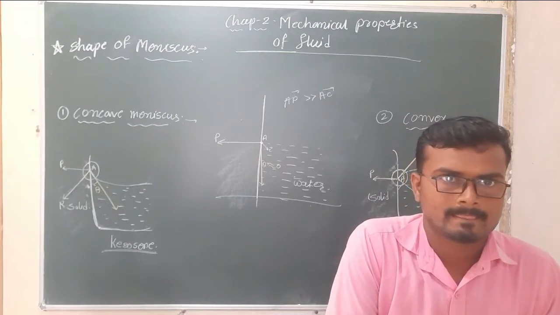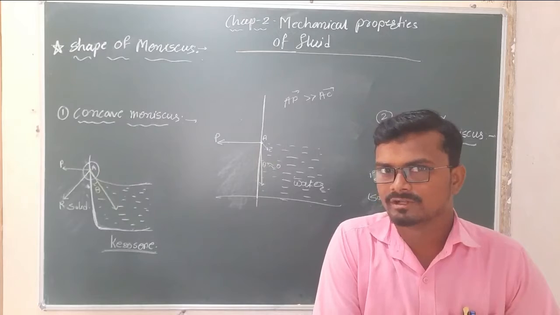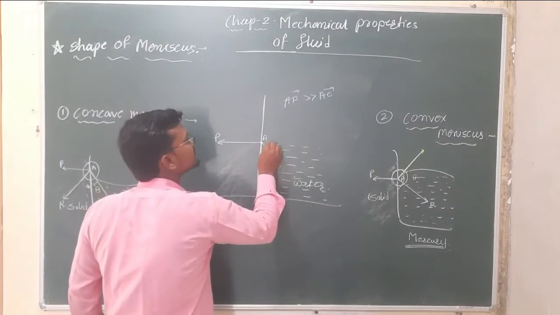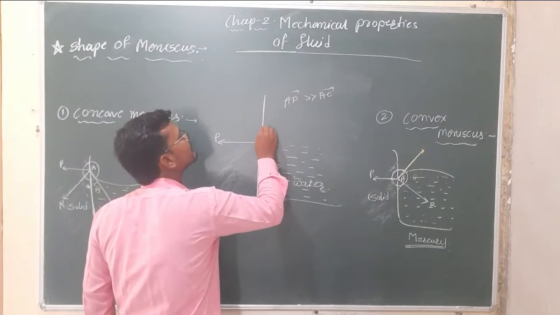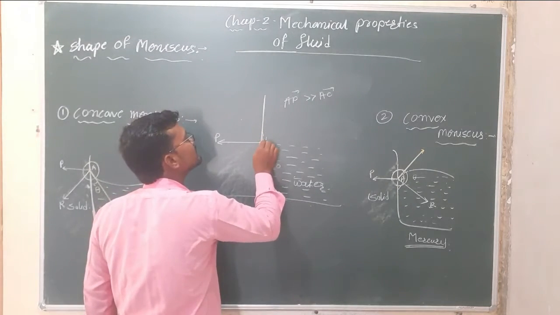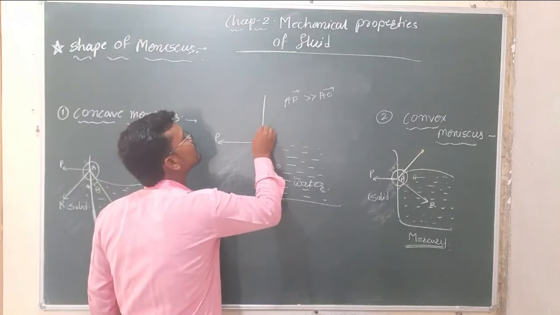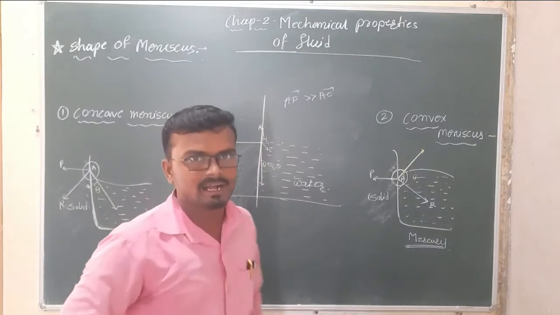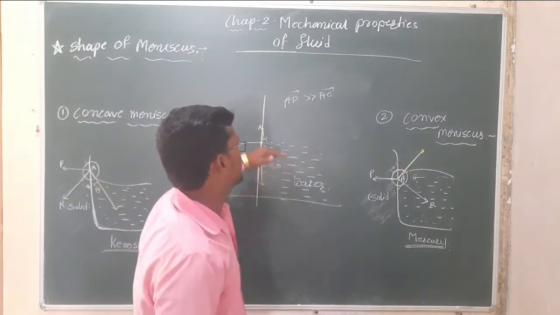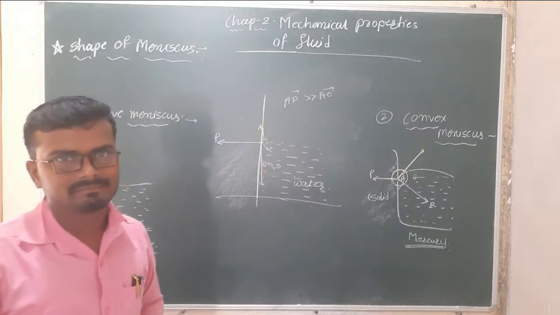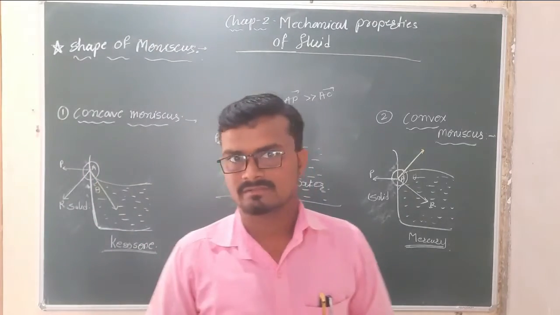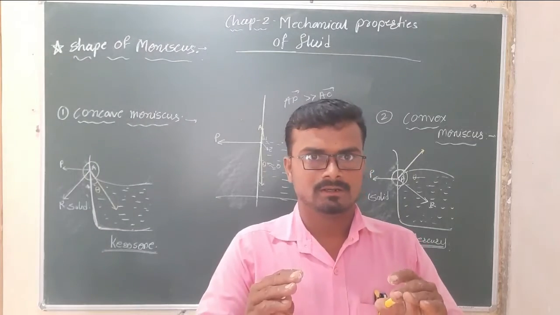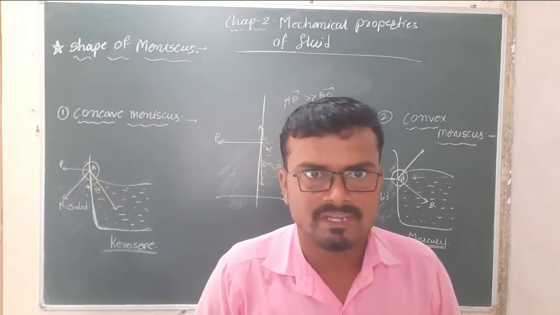Okay, that surface is not actually a plane. Here, near the solid surface, such peaks are there. That molecule A goes in the upward direction, but it cannot be observed by the naked eye. Because of that, we treat that surface as a plane surface. Okay, these are all about the shape of the meniscus.